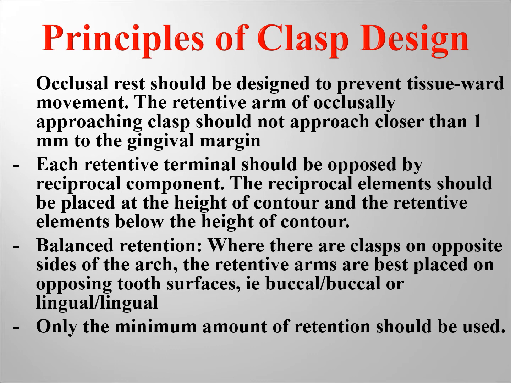It's not clever to keep adding clasps. It becomes over retentive. The patient cannot take it out and insert it easily. The seating of the framework will be very hard, and this opposes the principle of simplicity.